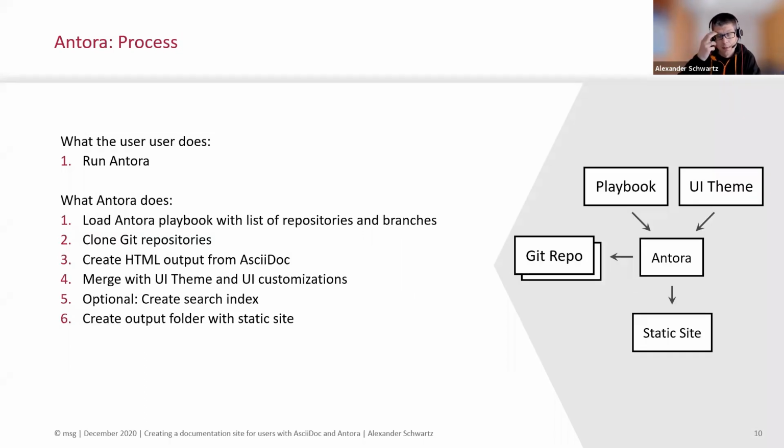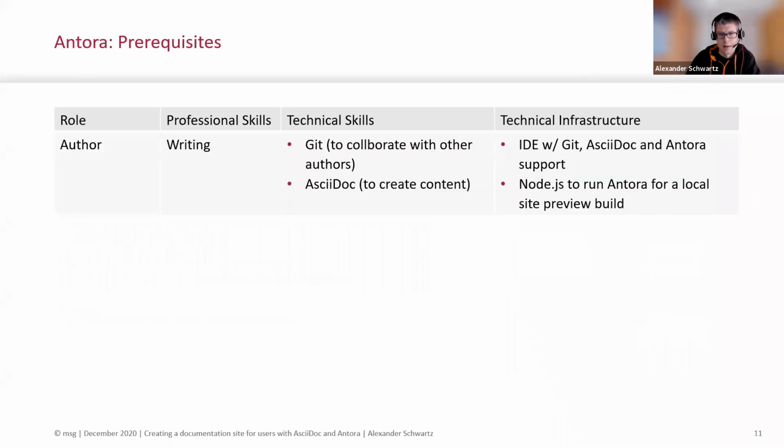So if you want to set up Antora, you will probably need to have a writer. You have different roles in your project, and one role would be an author, who needs some professional skills in writing. They would need Git to collaborate with other authors, because Antora is based on Git, and AsciiDoc skills to create some content.